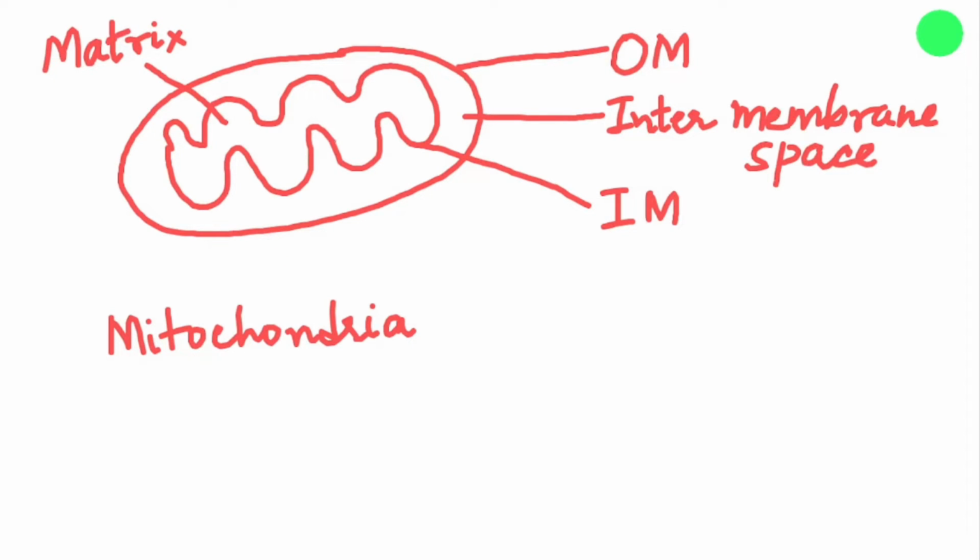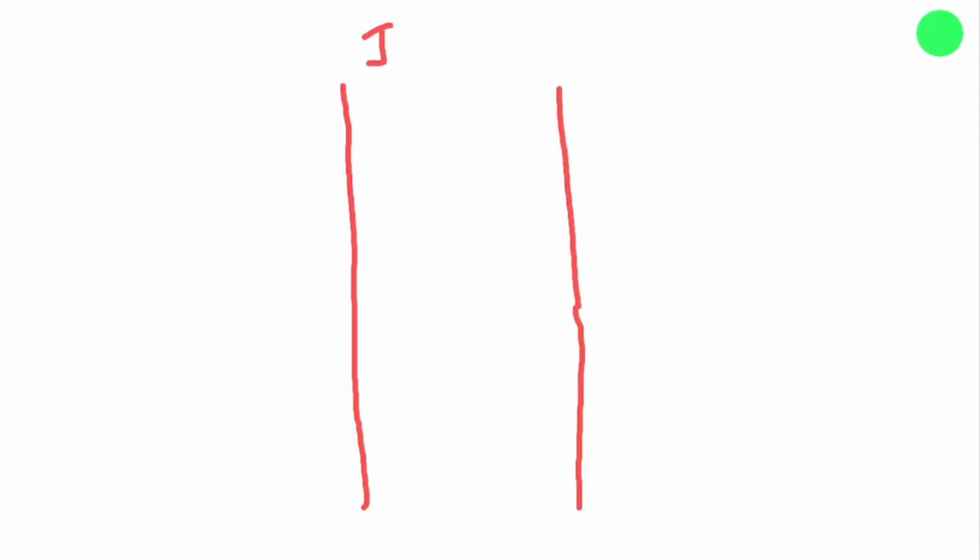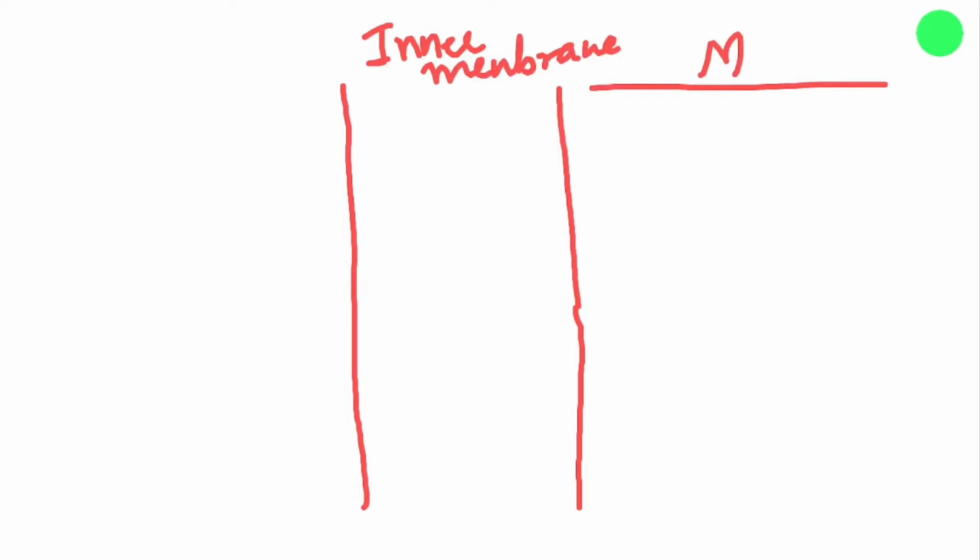So ETS are present on the inner membrane of mitochondria. In the textbook, you will find a figure like this. They have shown this is the inner membrane. This side of the inner membrane is labeled as matrix, and this is the intermembrane space.